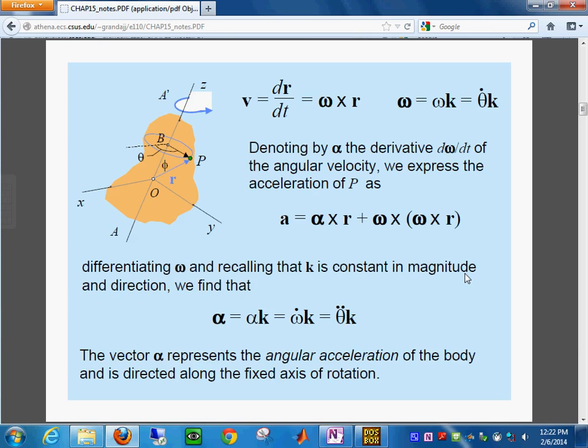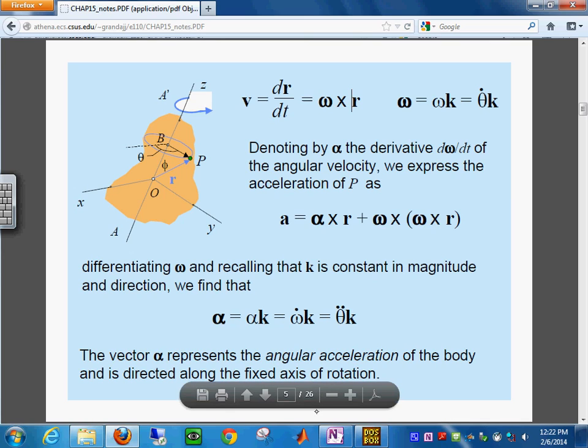In this case, the velocity vector is omega cross r, but you could have this omega cross r and find the derivative of that vector.